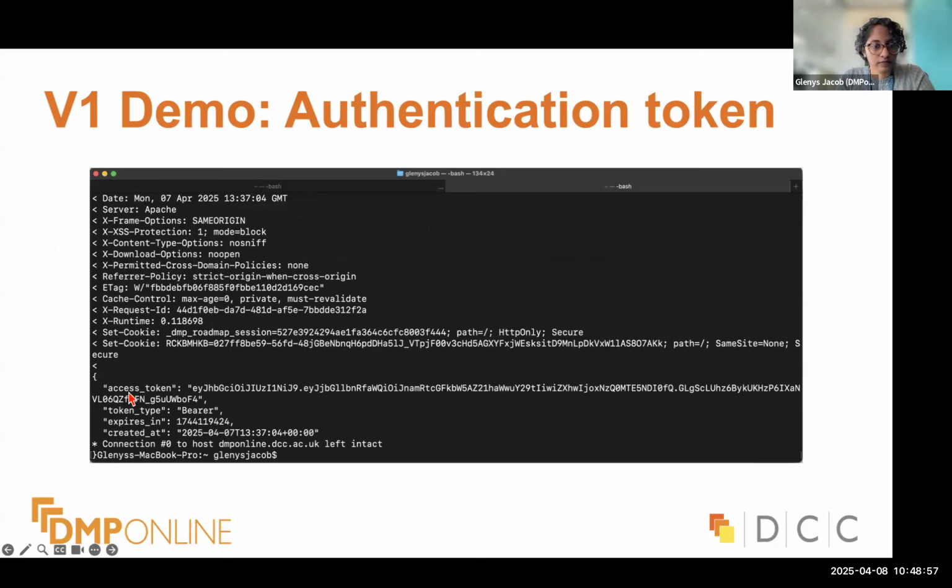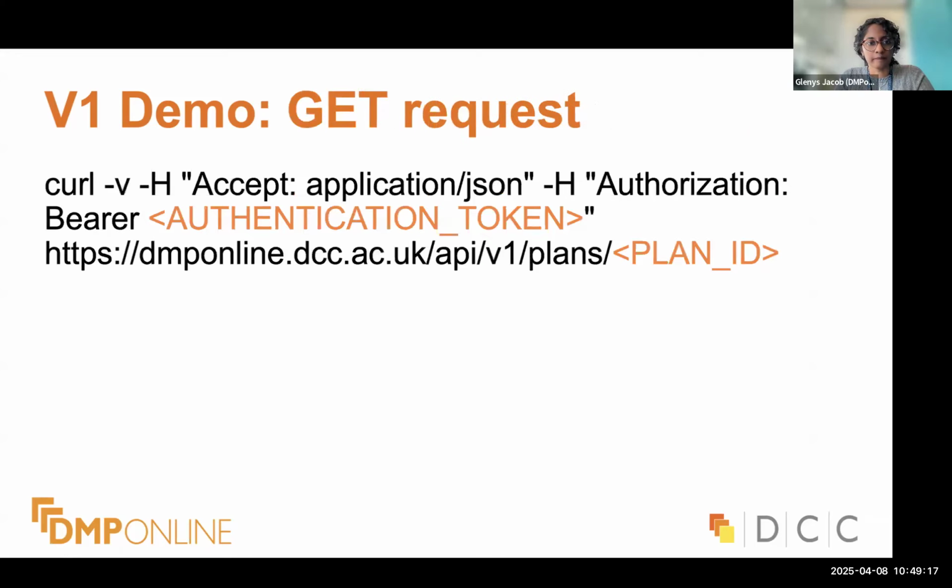If you can see right next to the access_token, this long line of characters is the newly generated authentication token. So you will need to make a note of this for the requests that you want to make following this generation.